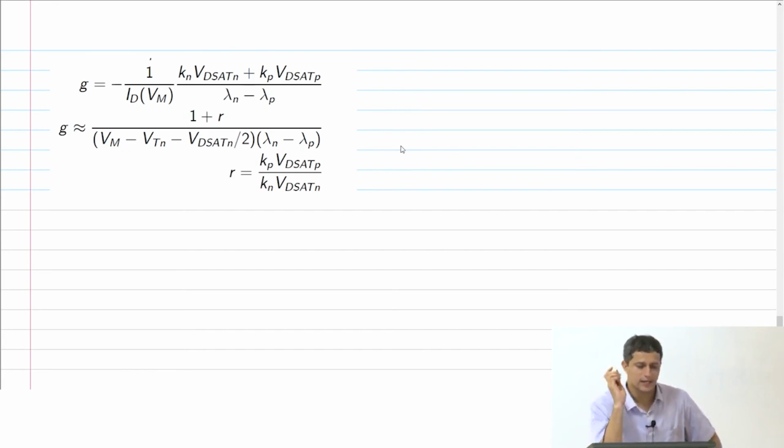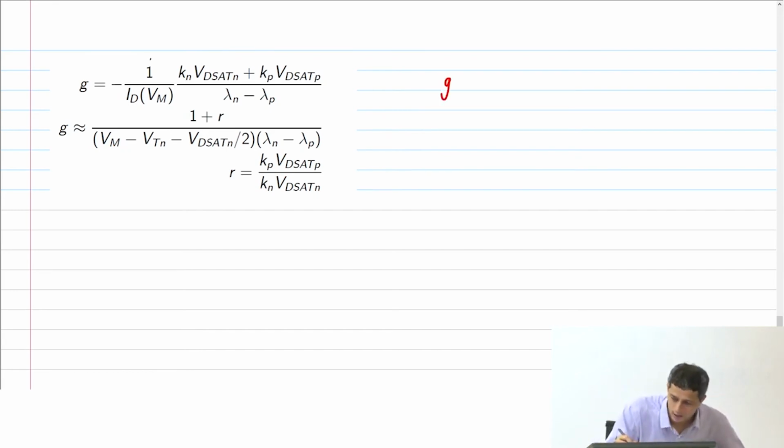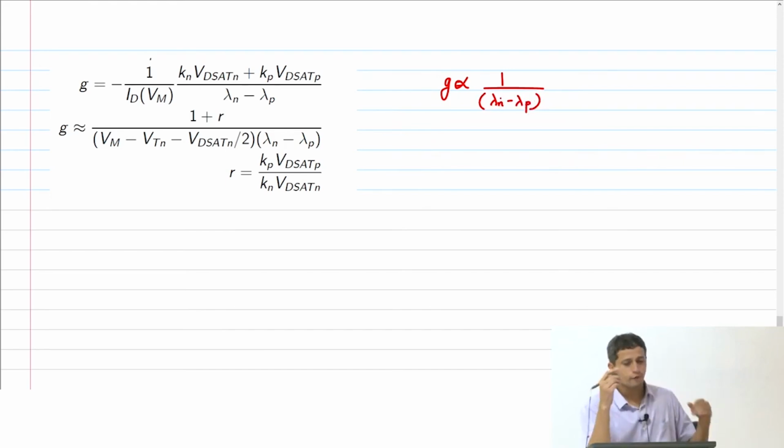So the gain is, if you look at it, basically proportional to 1 by lambda n minus lambda p. So if the technology is symmetric and all PMOS parameters are negative of NMOS parameters, what will be the gain?